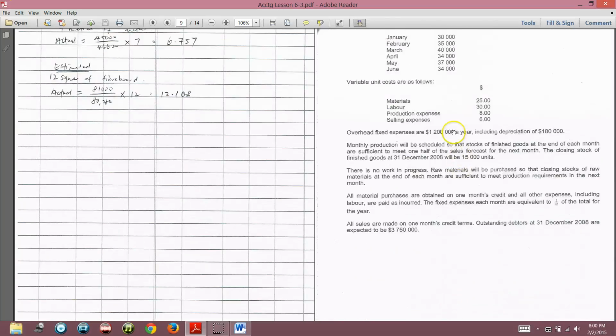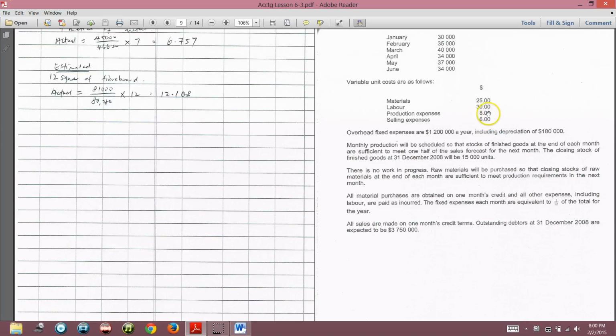Labor and production per unit is how much? So 30 plus 8. Labor and production is $38 per unit. It's paid as and when incurred. So incurred means when it was produced.